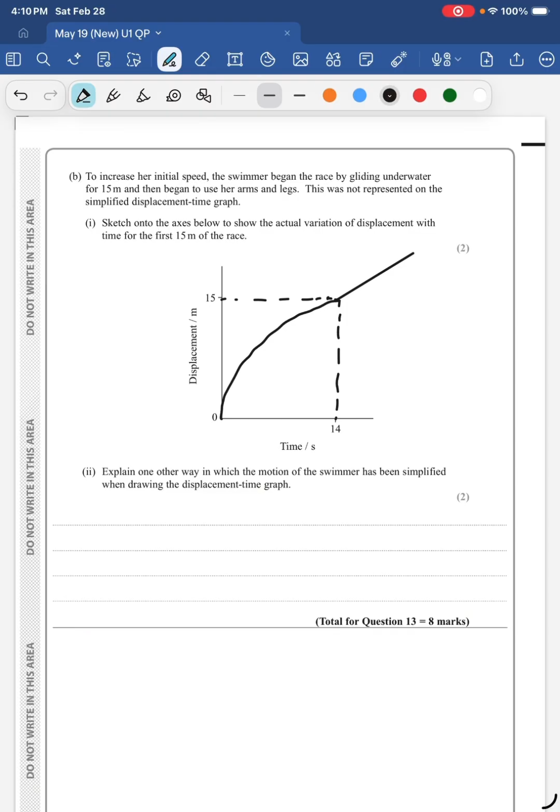Question 2, part B, part 2. Explain one other way in which the motion of the swimmer has been simplified when drawing the displacement time graph.